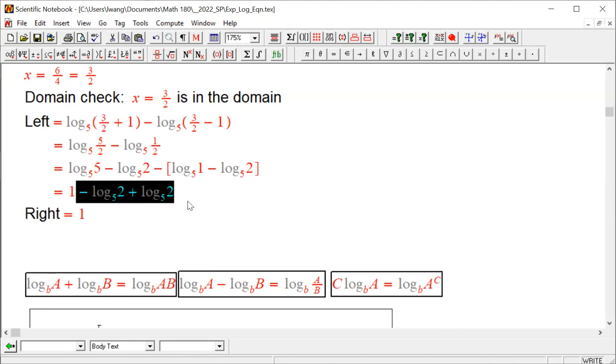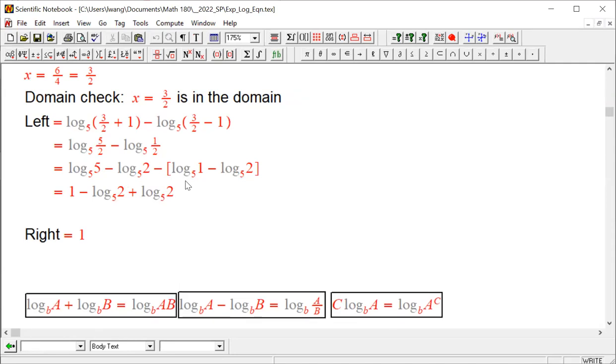And so these two make 0. And in the end, we got equals to what? 1. We got equals to 1. Okay, and that is the right-hand side.